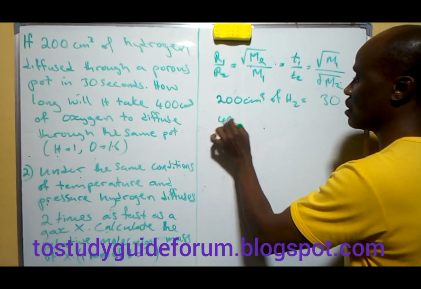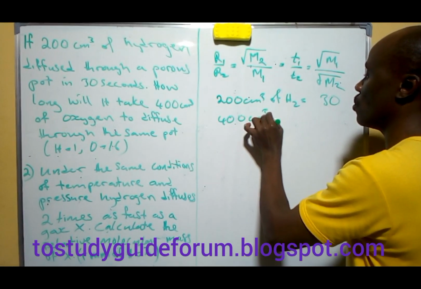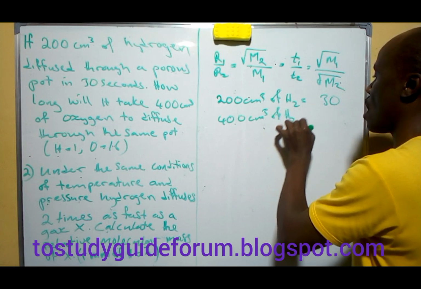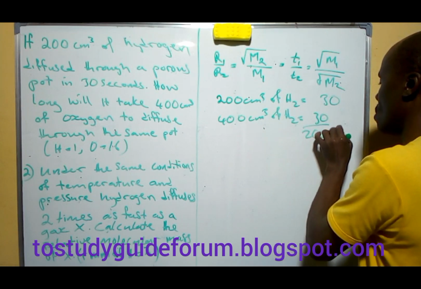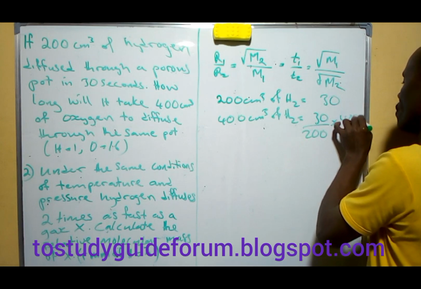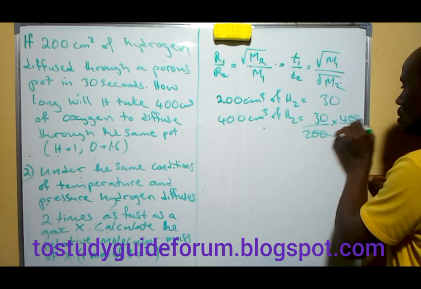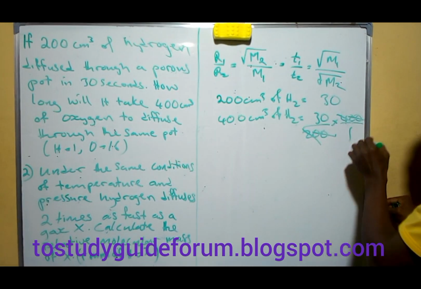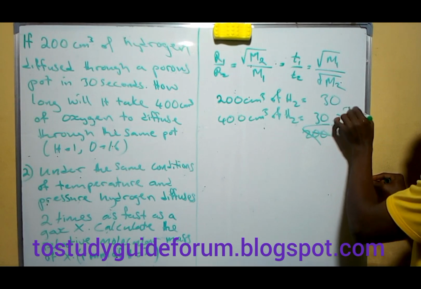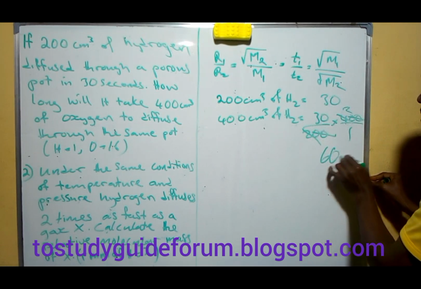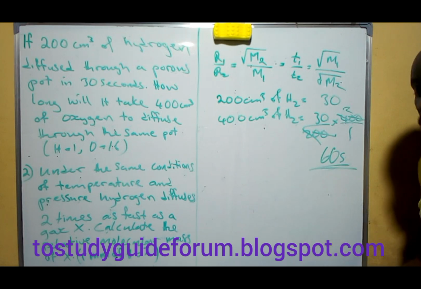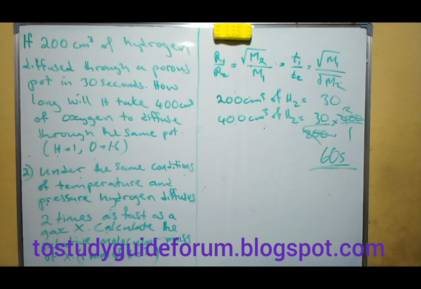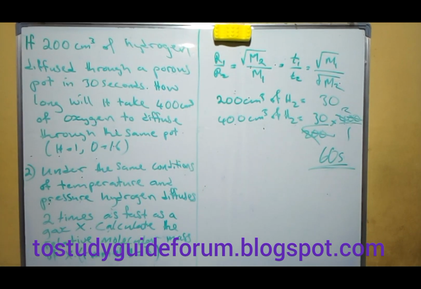So 400 cm cube of hydrogen will then be 400 over 200 times 30, which gives us 60 seconds.